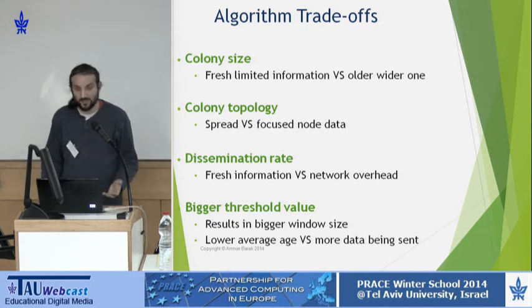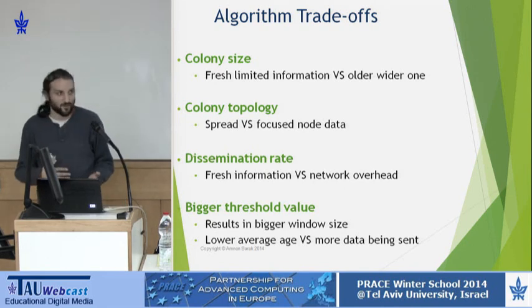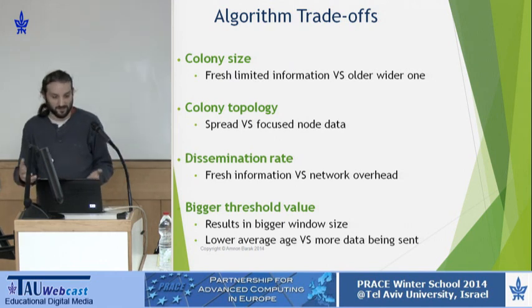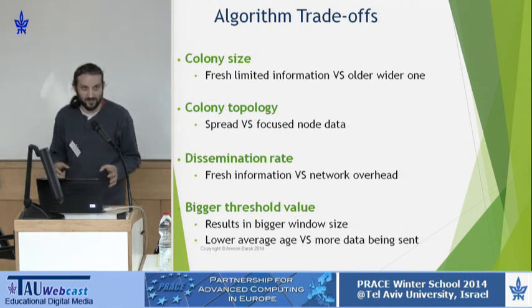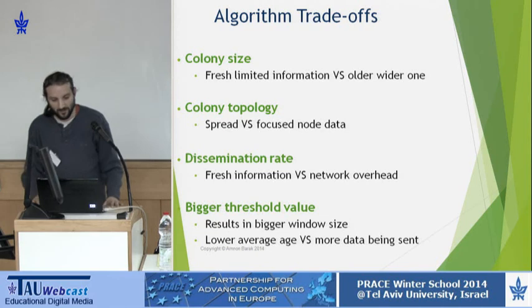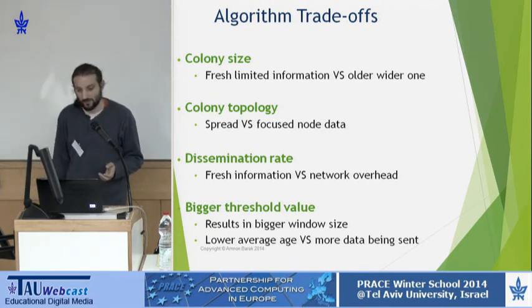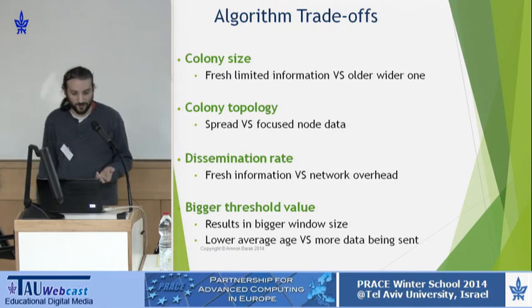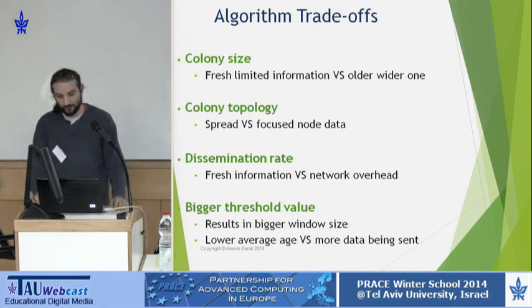The colony topology: if you have spread colonies, you maybe have more tolerance for faults. Or the dissemination rate: if you pass a lot of information, you have high networking overhead, but you have fresher information.